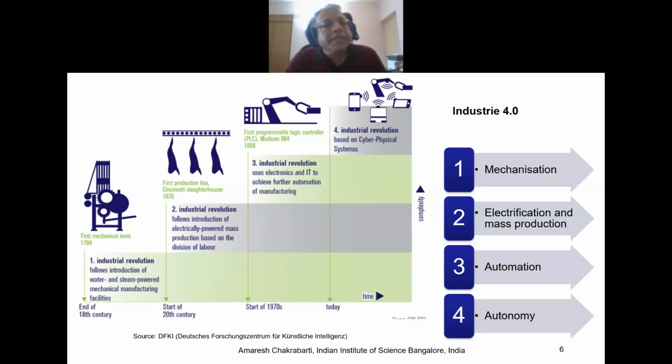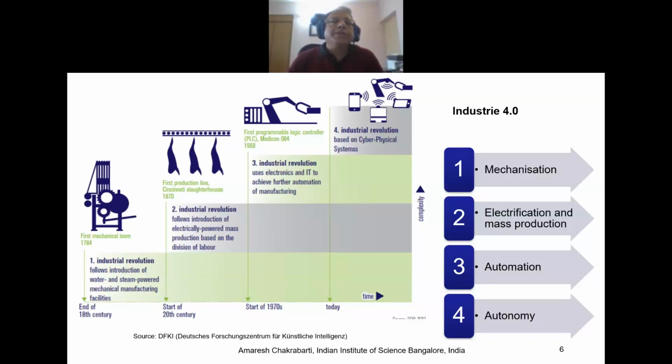The first was at the end of the 18th century, the first industrial revolution, where one introduced water and steam powered mechanical manufacturing facilities. James Watt epitomized that. Further down the line, at the start of the 20th century, a second industrial revolution came where electrically powered mass production and also division of labor were introduced.